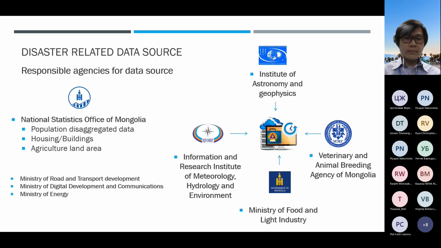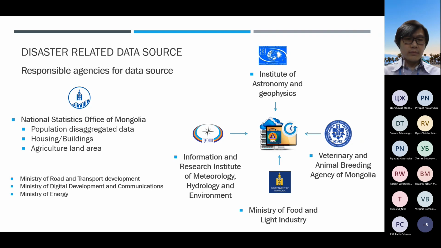This slide shows the related organizations and agencies for the respective data. NEMA collected meteorology and hydrology related data from the Information Research Institute of Meteorology, and seismic, earthquake-related data from the Institute of Astronomy and Geophysics. Zoonotic data is the responsibility of the veterinary and animal breeding agencies.